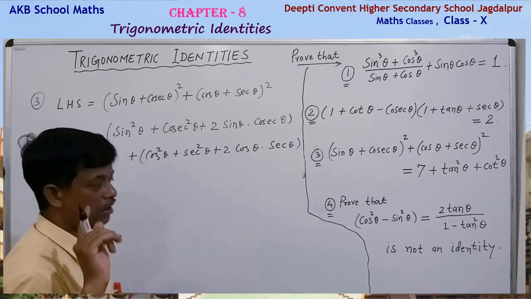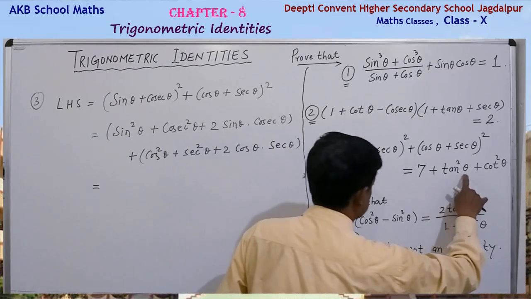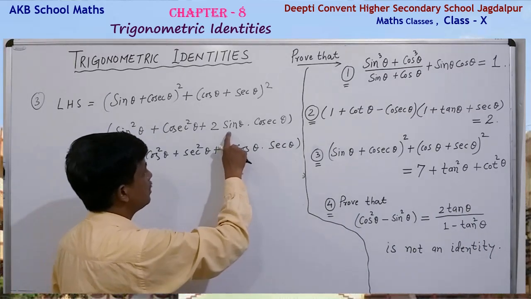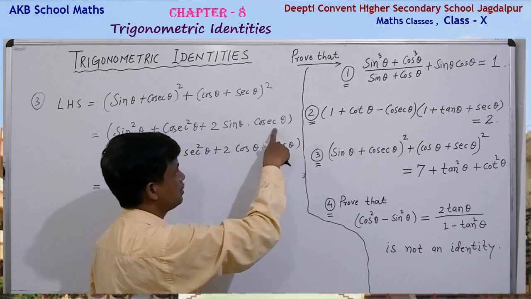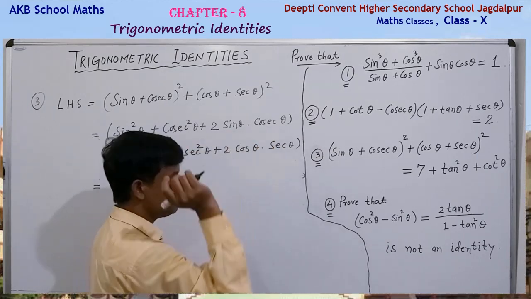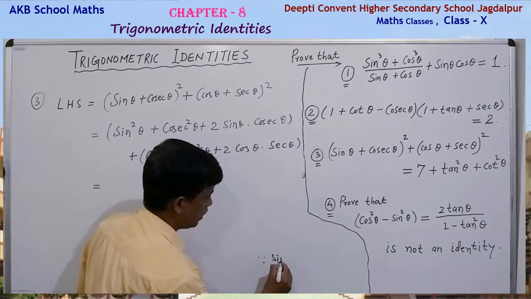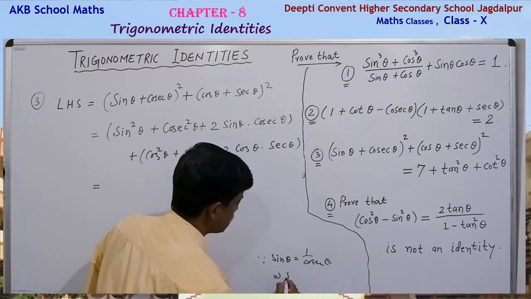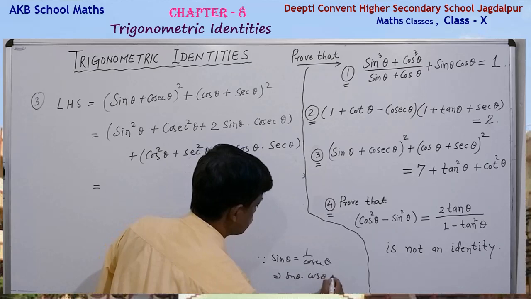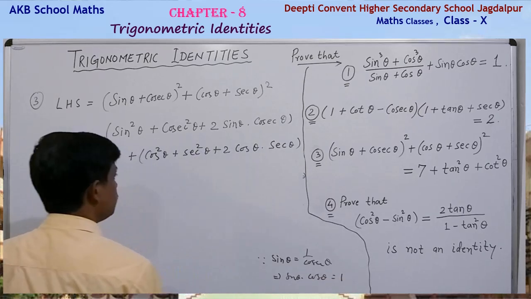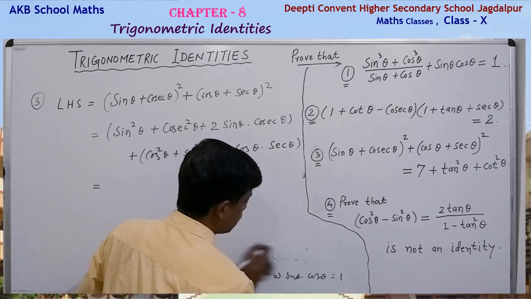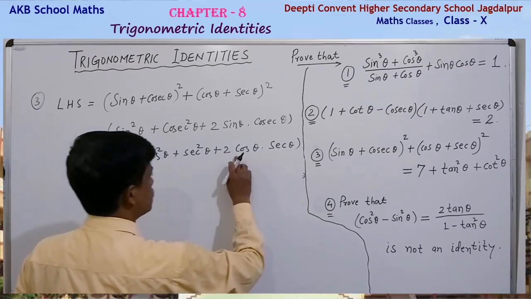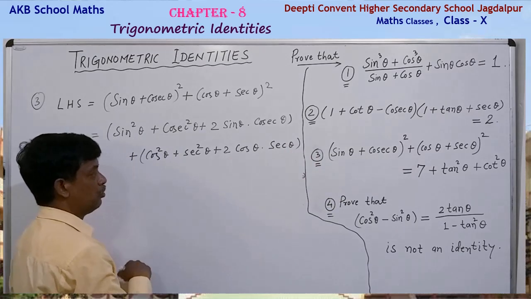Here our target is getting this. Now we know that sin theta is the inverse of cosec theta, that is, sin theta into cosec theta equals 1, since sin theta equals 1 upon cosec theta. Similarly, cos theta and sec theta are inverses of each other, so cos theta into sec theta equals 1.